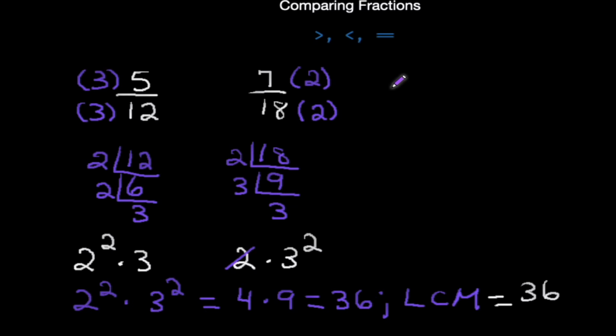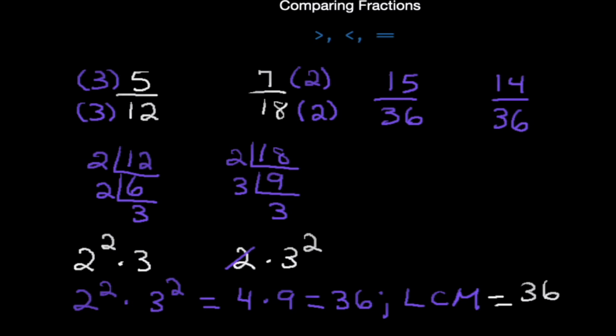All right, so we have 5/12, which is equal to 15 over 36, and then we have 14 over 36, which is equivalent to 7/18.